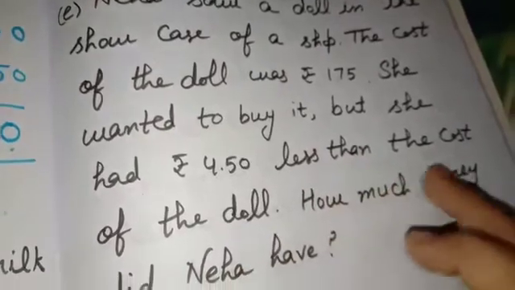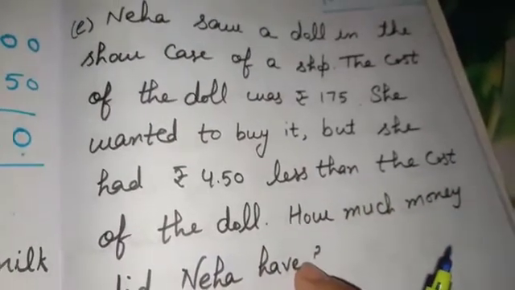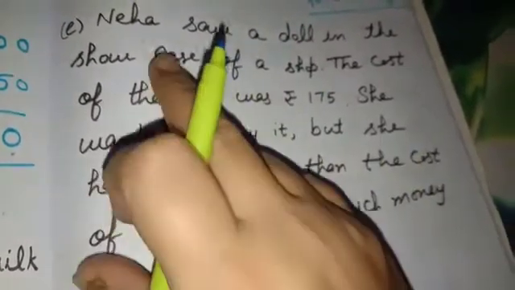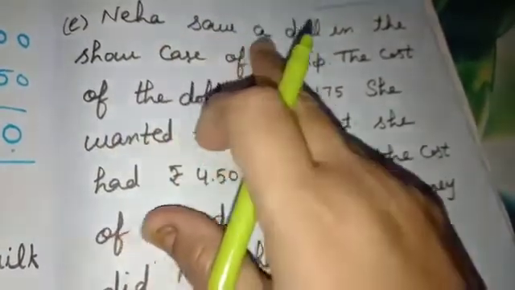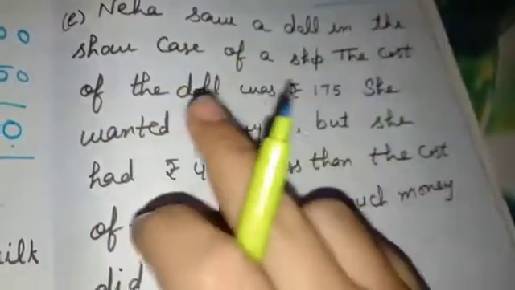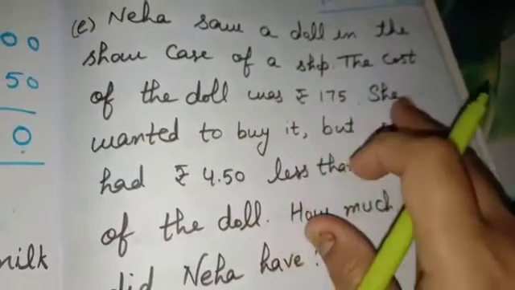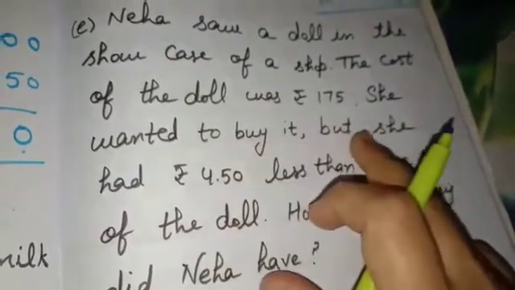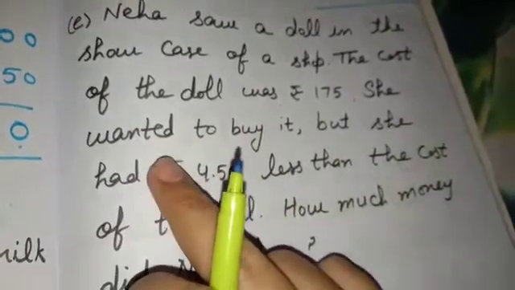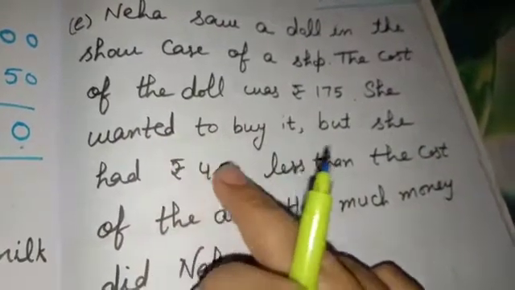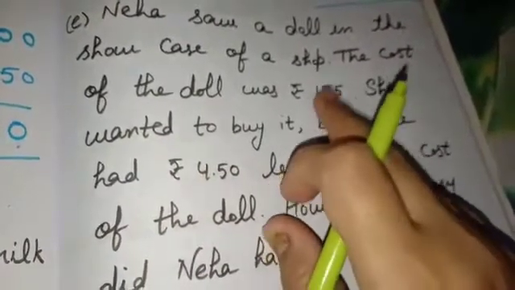How much money did Neha have? Here, Neha saw a doll, the cost of the doll was this, and she wanted to buy it, but when she counted her money, she had 4.50 less than the cost of the doll.